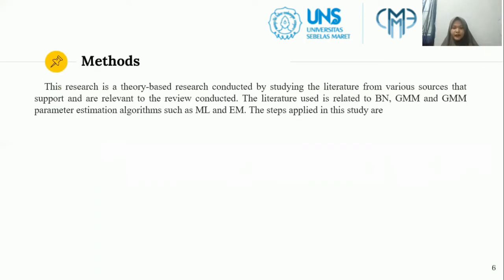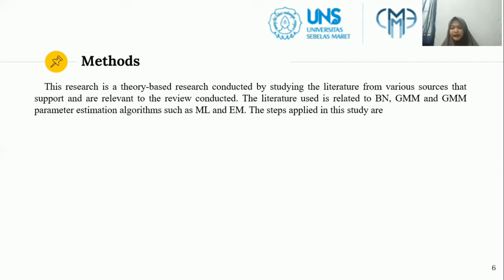Methods. This research is a theory-based research conducted by studying the literature from various sources that support and are relevant to the review conducted. The literature used is related to BN or Bayesian network, GMM, and GMM parameter estimation algorithms, such as maximum likelihood and expectation maximization.